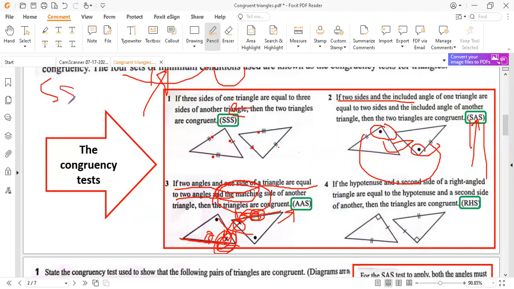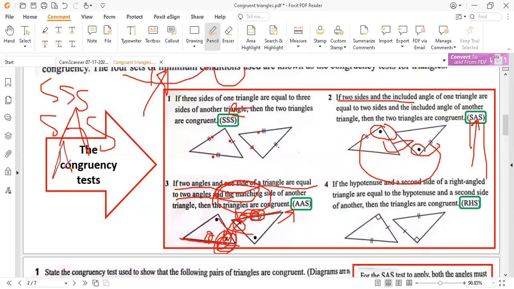SSS is known as the first congruency test, and side, angle, side, where the angle is included between the two sides.